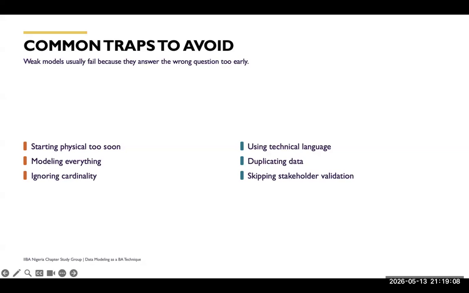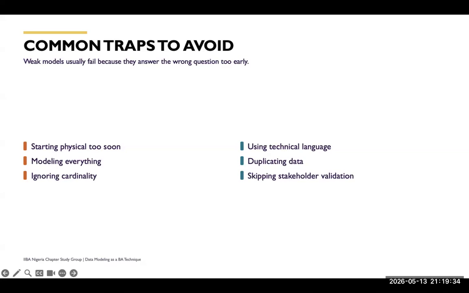Also, ignoring cardinality hides business rules. You cannot ignore the instances of how things are supposed to occur. The whole point of this is to bring clarity where there's ambiguity. We need to understand what the business rules are. So you need to understand that a patient can have multiple appointments.